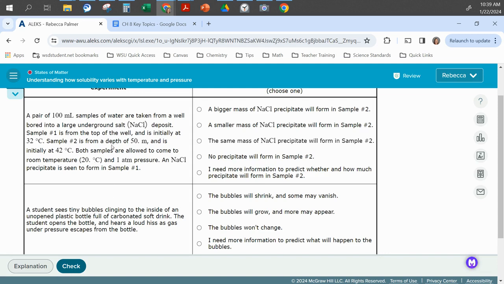Okay. So if they both start at a warmer temperature and they both go down, but one of them was at a warmer temperature, what do we expect? Okay, so do we expect sample 2 to have a precipitate? They're both cooling down, but one cools down more than the other.